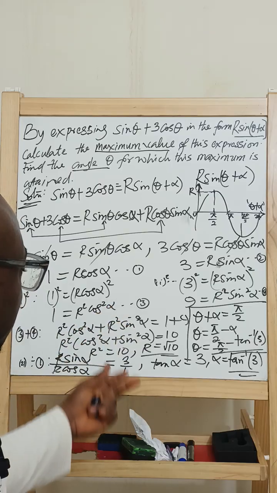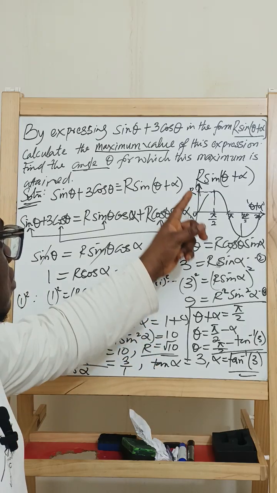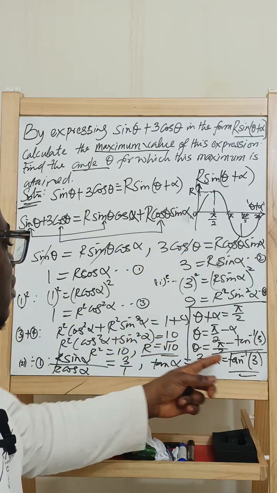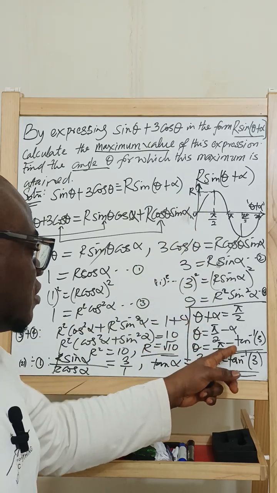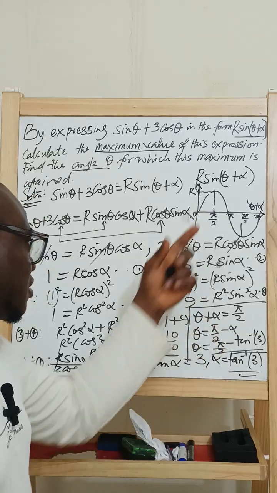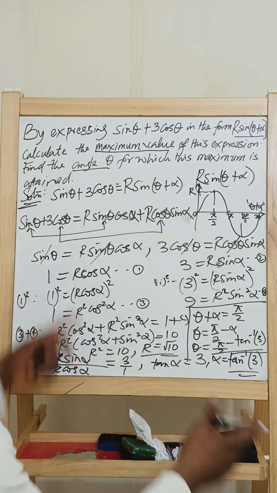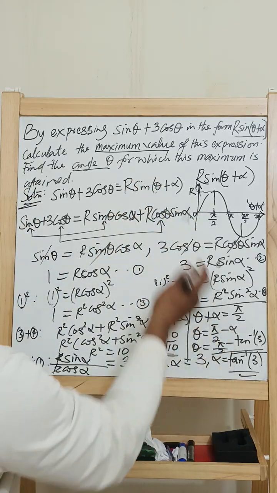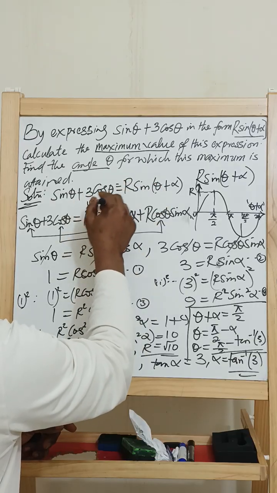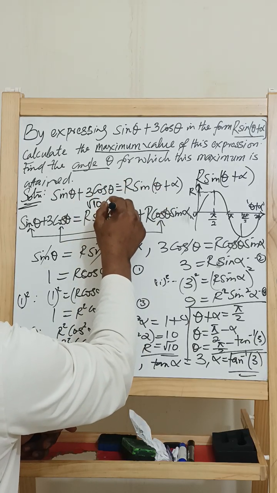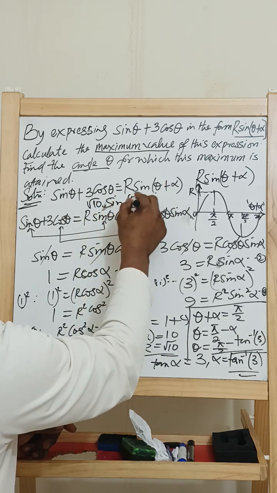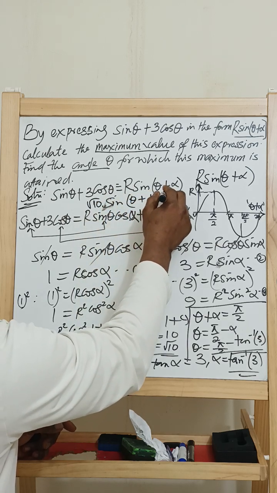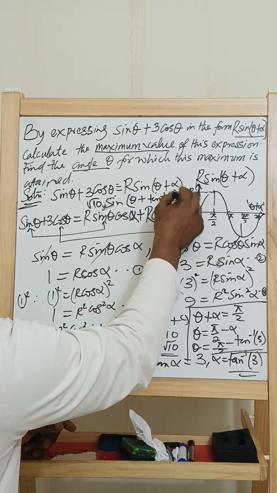So we have been able to find r, then alpha, and also the value of theta at which the maximum is attained. The final expression is square root of 10 sine of theta plus inverse tan 3.